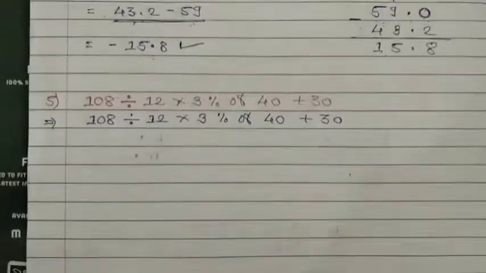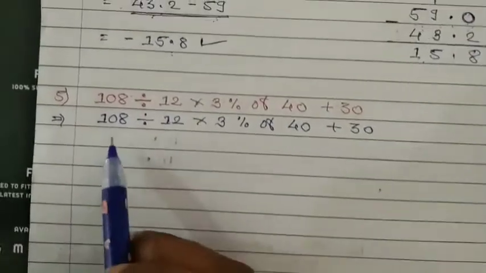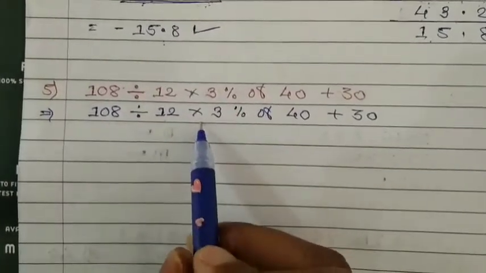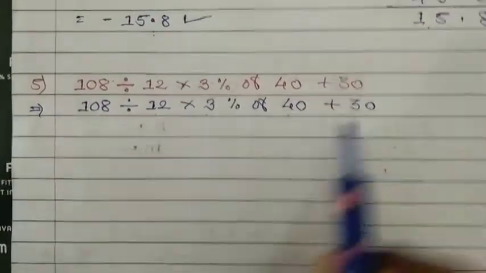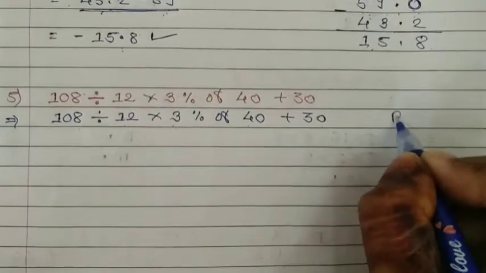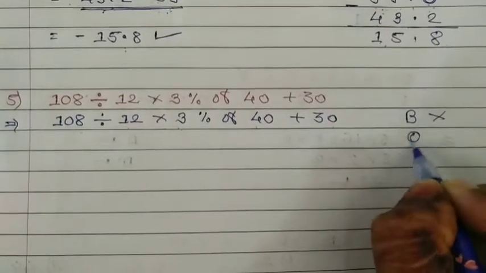So let us move on to the next question. 108 divided by 12 multiplied by 3% of 40 plus 30. Is there a bracket? No. Is there "of"?